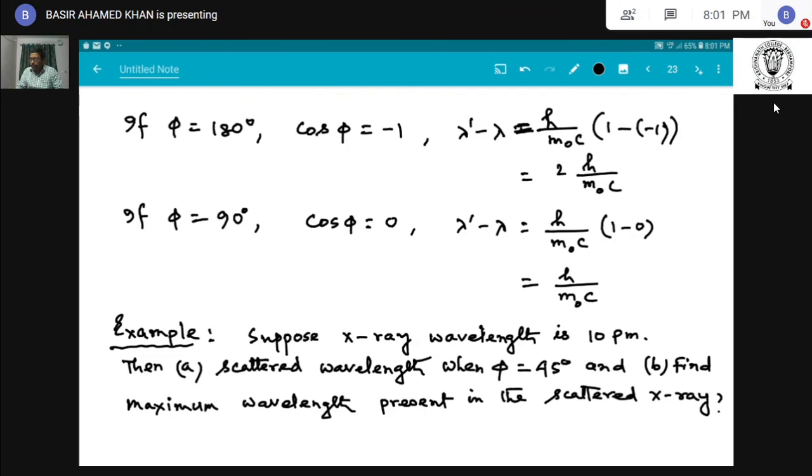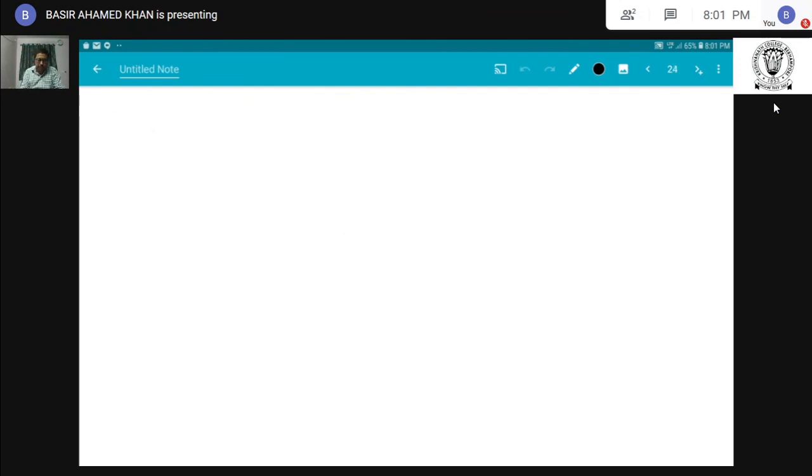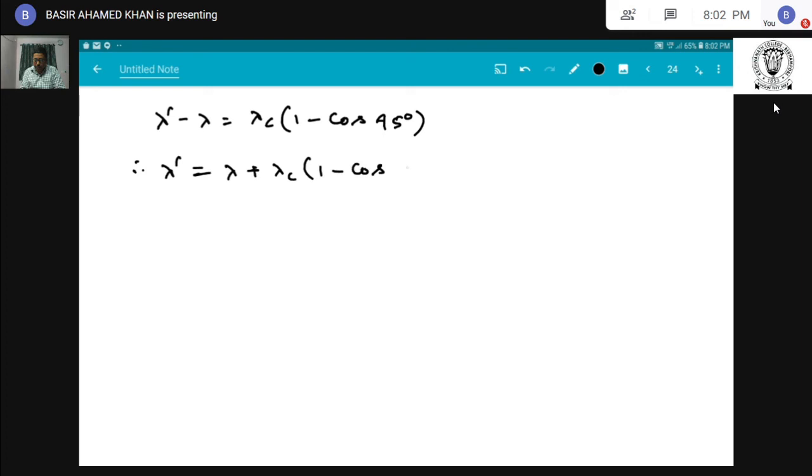Now for the first one, we see that lambda prime minus lambda equals lambda c, where lambda c means h by m0c, times 1 minus cos phi, that means 1 minus cos 45 degree. Therefore, lambda prime equals lambda plus lambda c times 1 minus cos 45 degree.